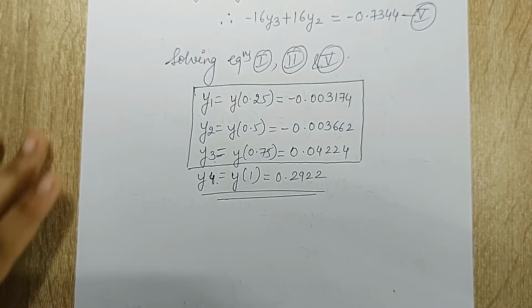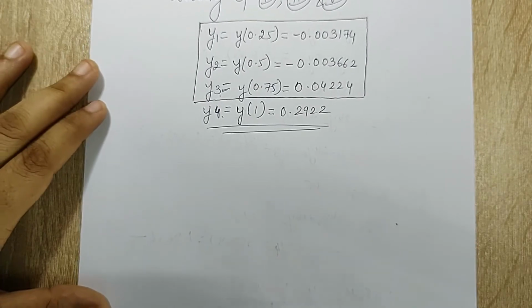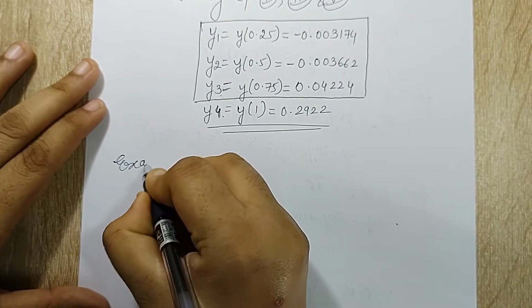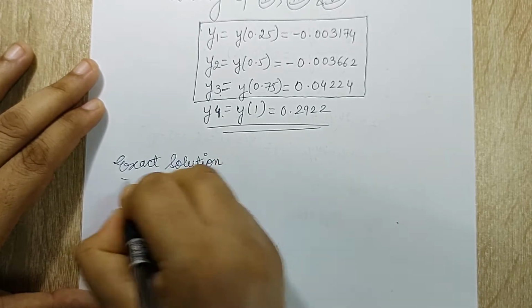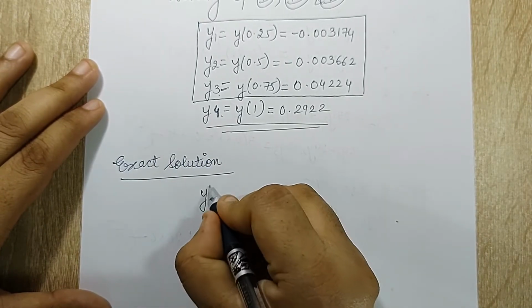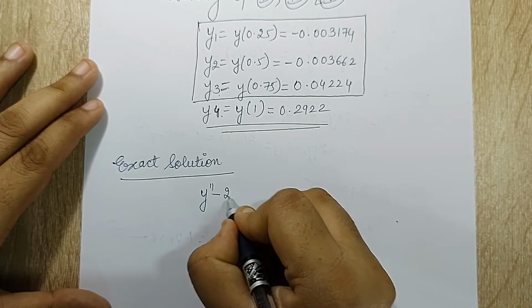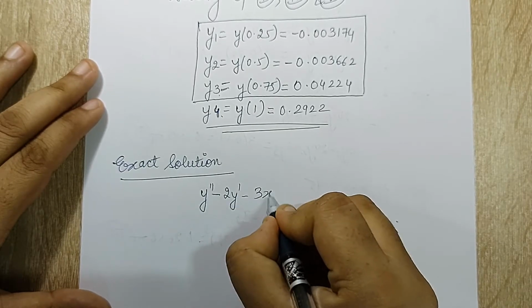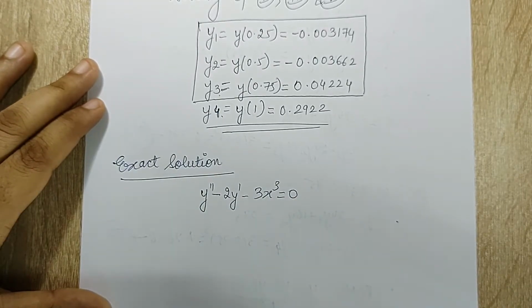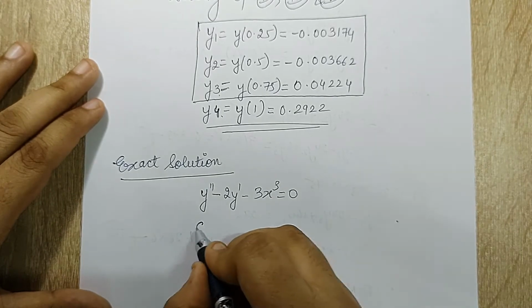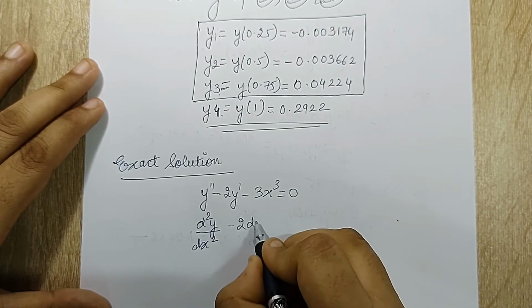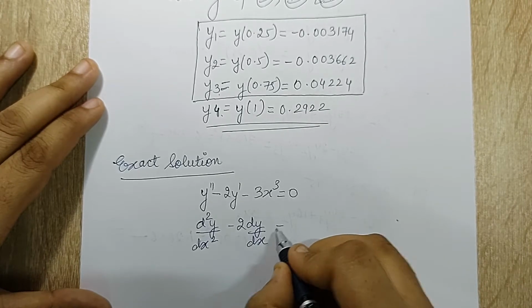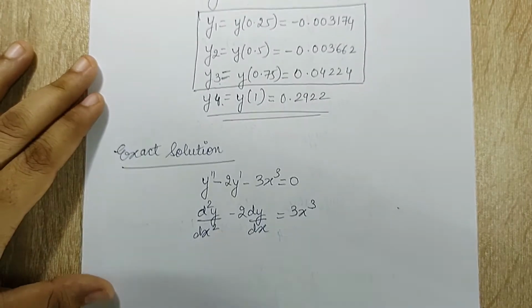Next, I am going to solve the question by the exact method. The equation given is y double dash minus 2y dash minus 3x cube is equal to 0. Now here I can write this as d square y by dx square minus 2 dy by dx is equal to 3x cube.